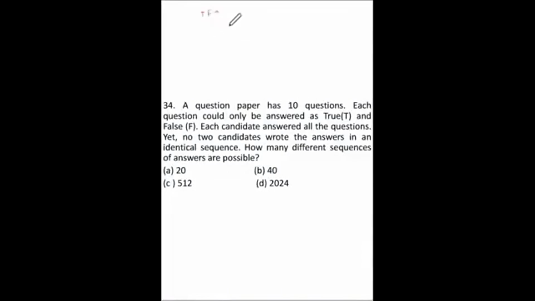So only two possibilities for one question. 10 questions are there, so for the second 2, then third 2, and up to the tenth. So this is basically 2 to the power 10, which is equal to 1024. So the answer is, this is a misprint, this is 10.